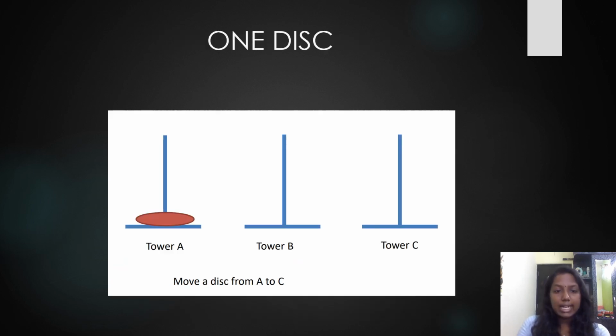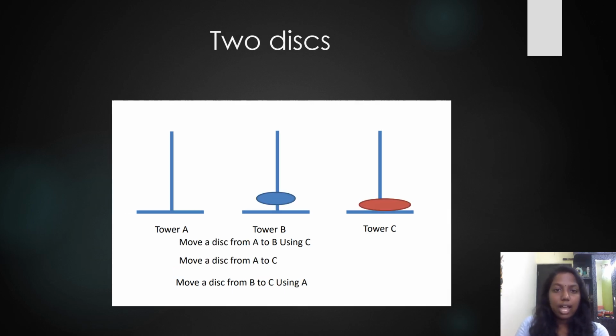So in the case of one disk, we can directly move it from A to C. We have nothing to think about here. Again, if it's two disks, we can move the smaller disk to B, and the bigger disk directly to C. And then the smaller disk is moved on top of C. So basically we will have the two disks arranged over each other.